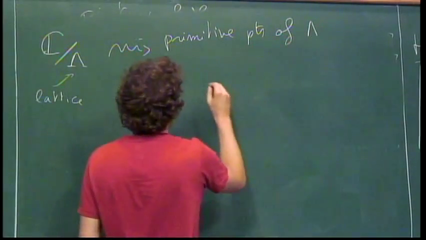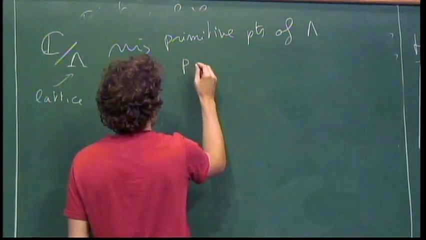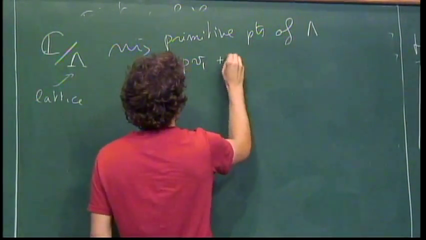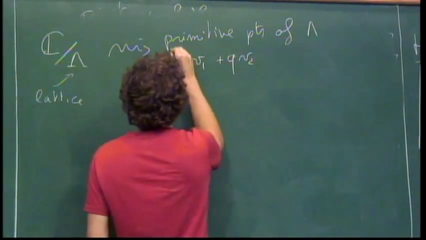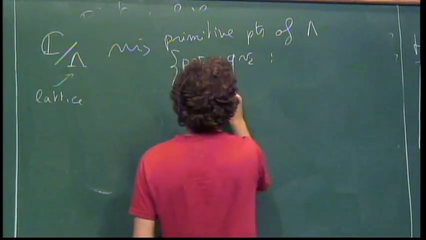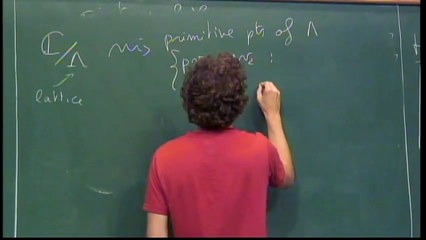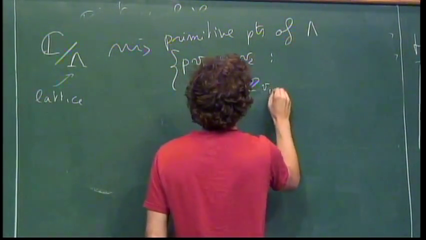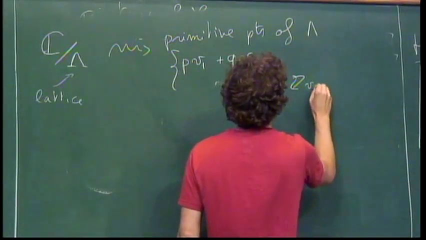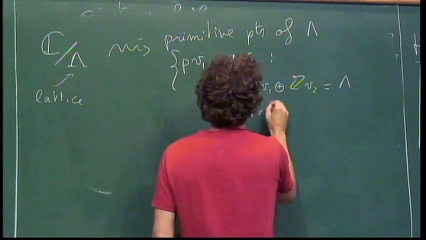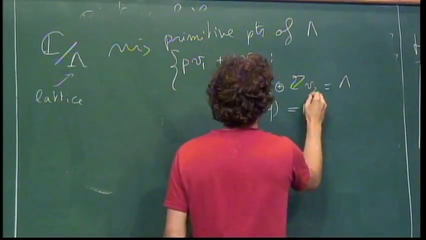So what are the primitive points? It is just the set of P V1 plus Q V2, where V1, V2 is any basis of lambda. So Z V1 plus Z V2 equals lambda. And P, Q are relatively prime.